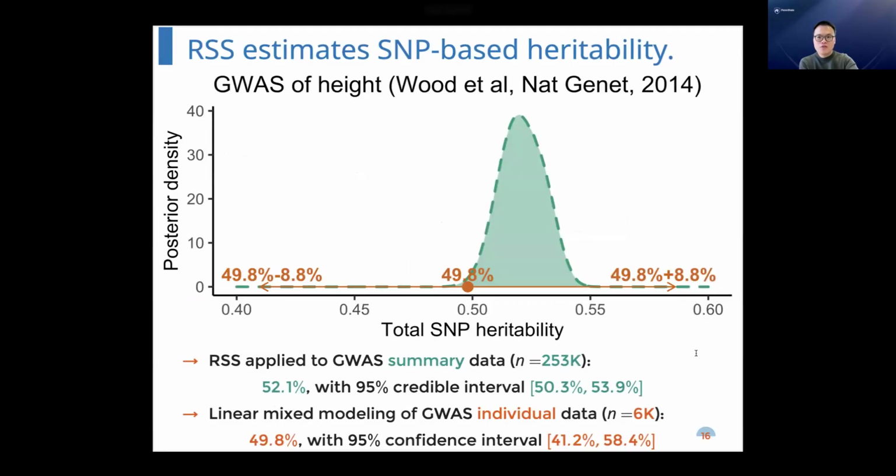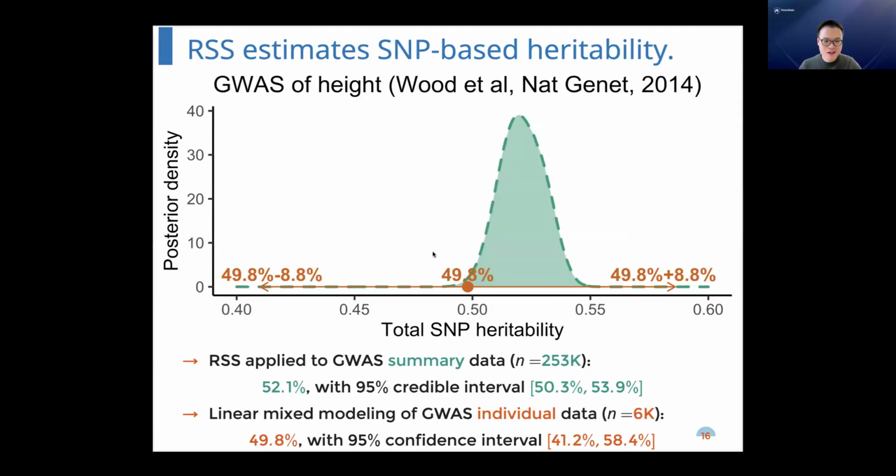Here's an example of estimating heritability in practice. We apply this RSS approach to the GWAS of adult human height published in 2014. The green curve you're seeing here is the posterior distribution of the heritability estimated by our approach. Because these are real data results, we don't have the ground truth.